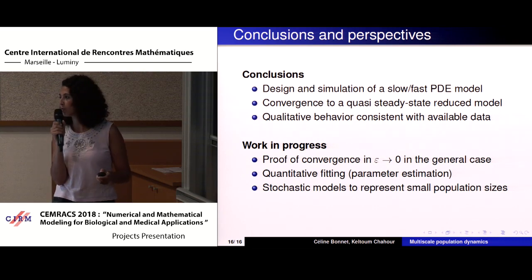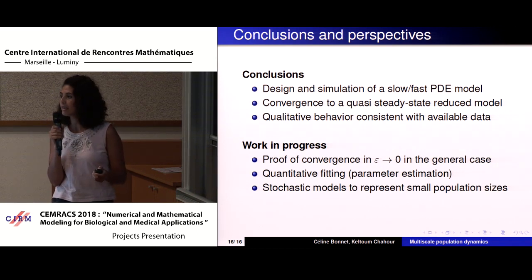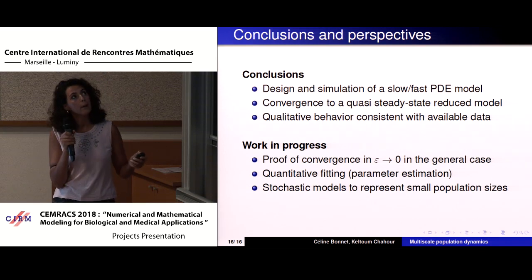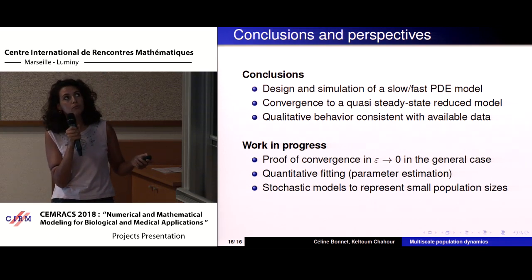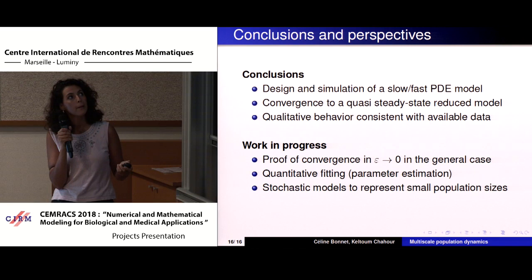So it was the model presented by Céline, where there is no epsilon involved. This is a quasi-steady state that describes at least the dynamic of the process, and that is a simpler model to manipulate and to solve numerically. We get to reproduce the qualitative behavior that is quite consistent with available data.